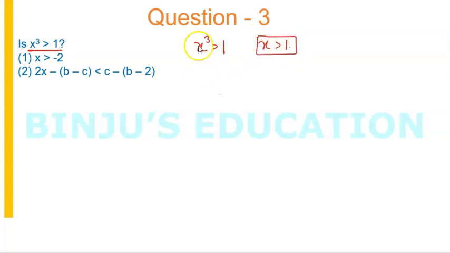Understand. First of all, x can't be negative, I think everyone would agree with that, because if you do the cube of a negative, the result is also negative. Second, x can't be 0 because the cube of 0 is 0. Now the only numbers we are left with are numbers between 0 and 1, like 1/2, 1/8, 1/4.